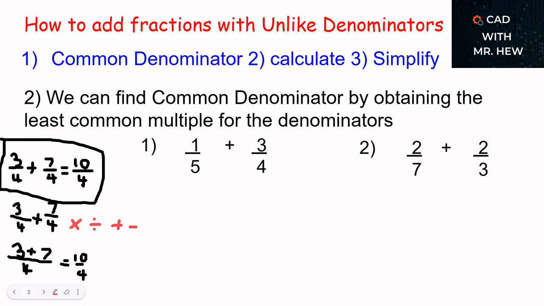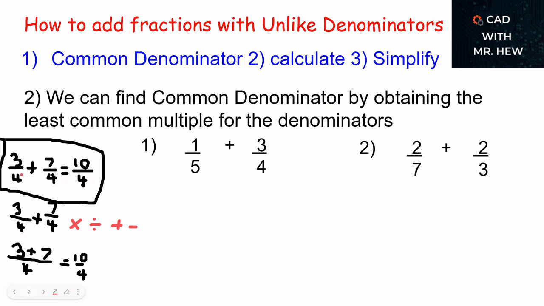So you have to multiply first, then you divide, then you add, then you subtract. If you don't follow this sequence when you're doing a mathematical calculation, you're going to get the incorrect answer.